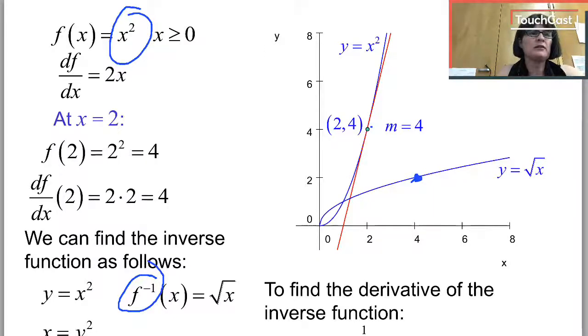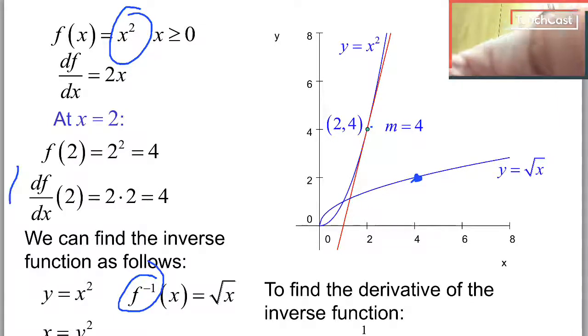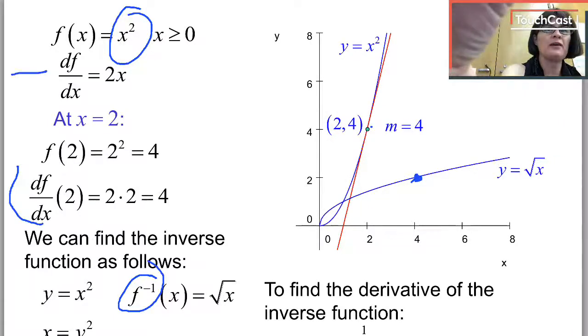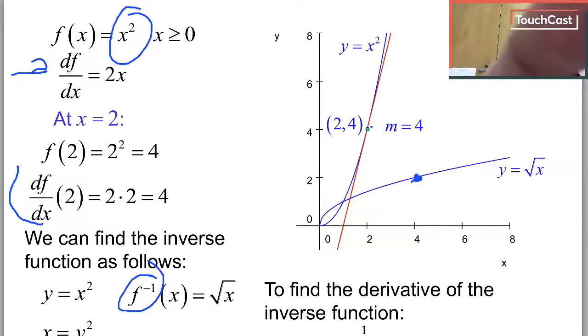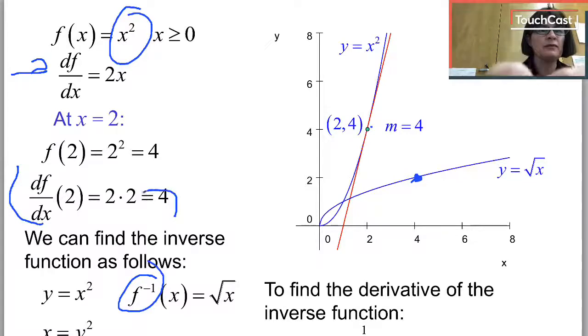There's a lot of stuff here, but it pretty much just says that the derivative of f is 2x, and the derivative of f at the place where x equals 2 is 4. That means the slope of the graph of y equals x squared is 4. And that's what this red tangent line is. That tangent line has a slope of 4.